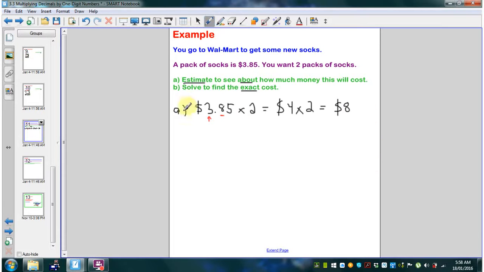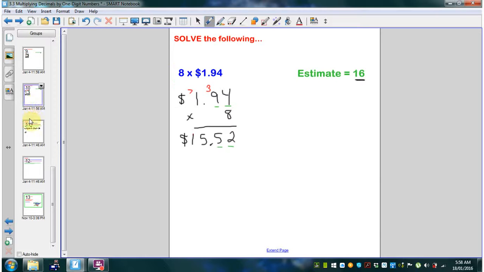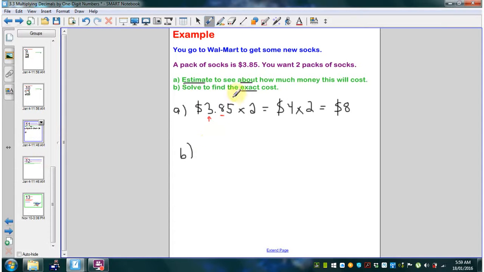Okay, so this is from lessons before. Now, for part B, we're finding the exact cost. So we're going to do part B like we did this one. So we have 3.85, and I'm going to write it in column method, times 2.